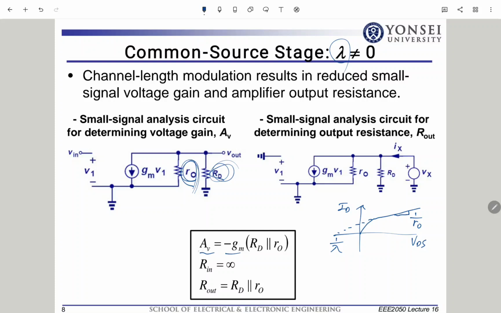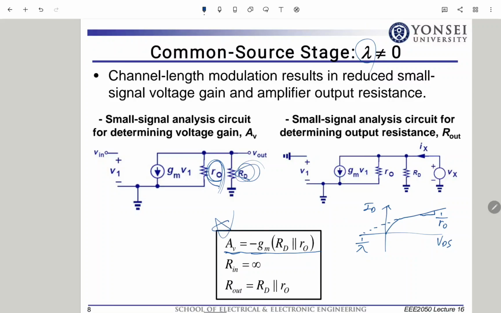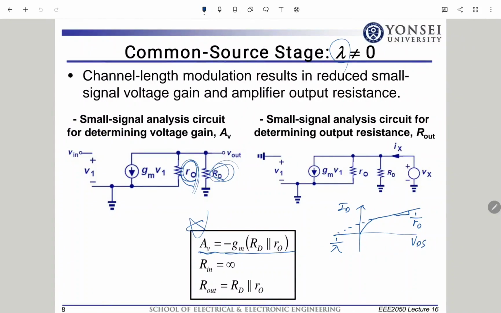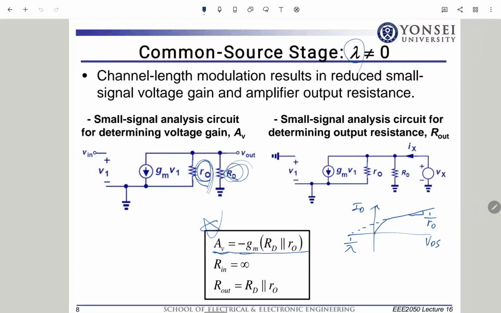Let me ask you, which one is bigger: Gm times RD, or Gm times RD in parallel with R naught?